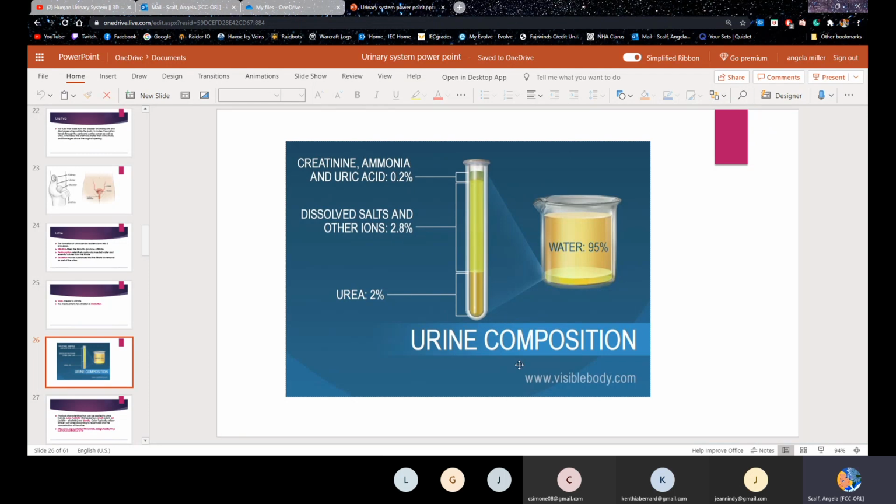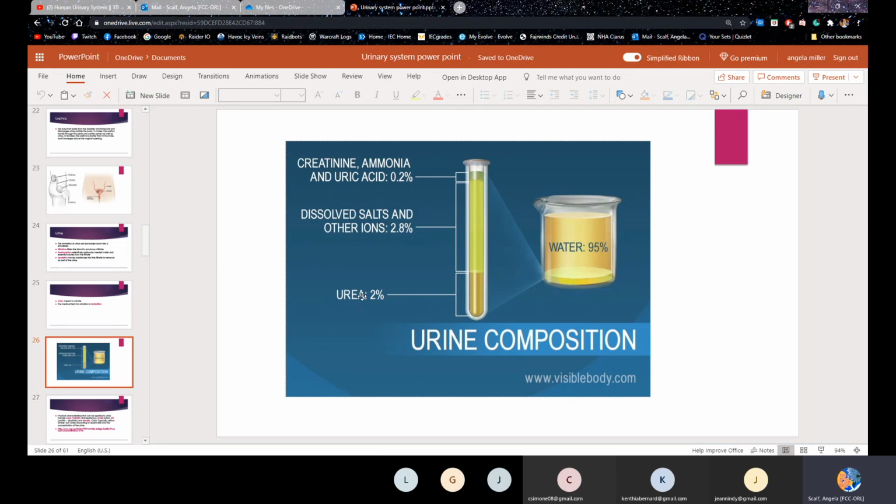This is one of the last things we're going to cover today: urine composition. This makes it so easy. 95% of urine is water. That makes it pretty easy. Now, 2% is urea.